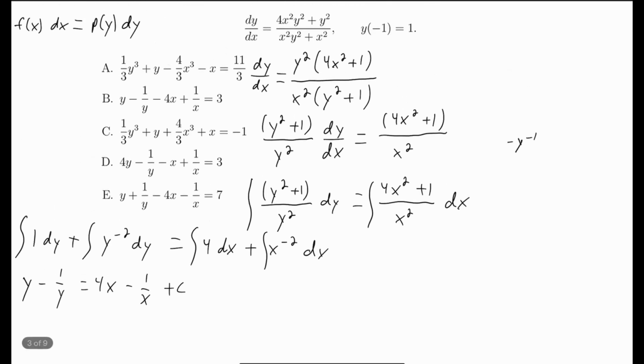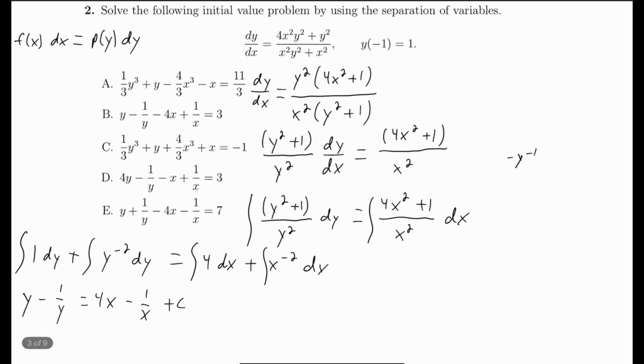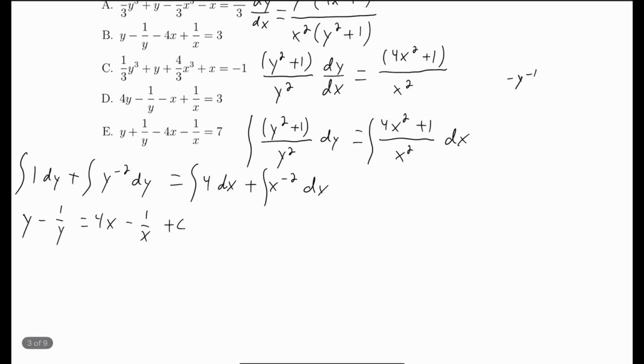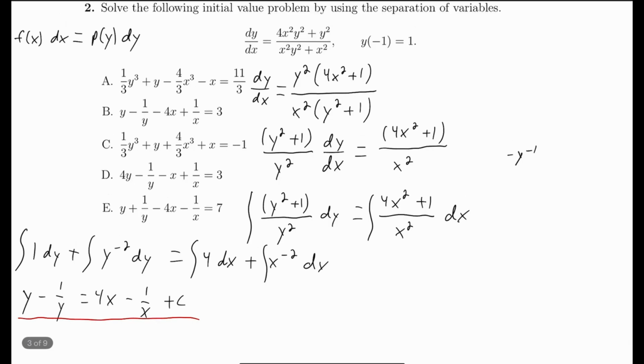And then I actually think it's going to be easiest to solve for c right now before we do any more simplification. So we know that y of negative 1 is equal to 1 from over there. So when x is negative 1, y is equal to 1. Let's just go ahead and plug that in. I'm going to leave this, that's our general solution, and then we can work in blue.